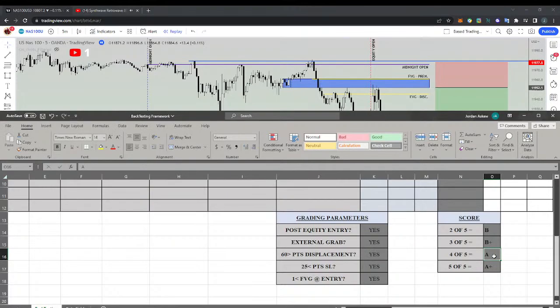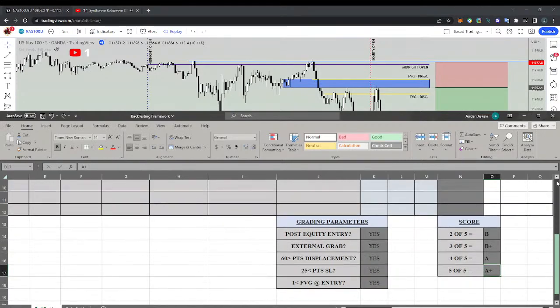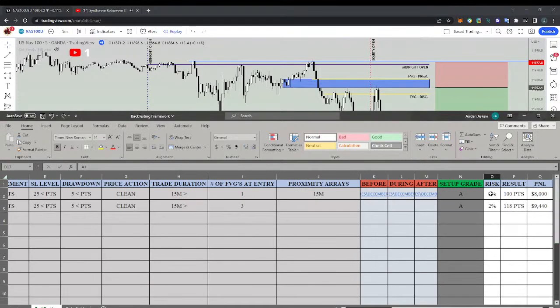And then an A+ setup, you can get kind of crazy with it and go 3% risk or sometimes even 4% risk. In this case, it's an A+, so we're going to risk 3% on a $100,000 account. That's typically what people get for an FTMO challenge. So we'll just call it starting equity is 100,000. So we're risking 3,000. We're taking 100 points in profit.